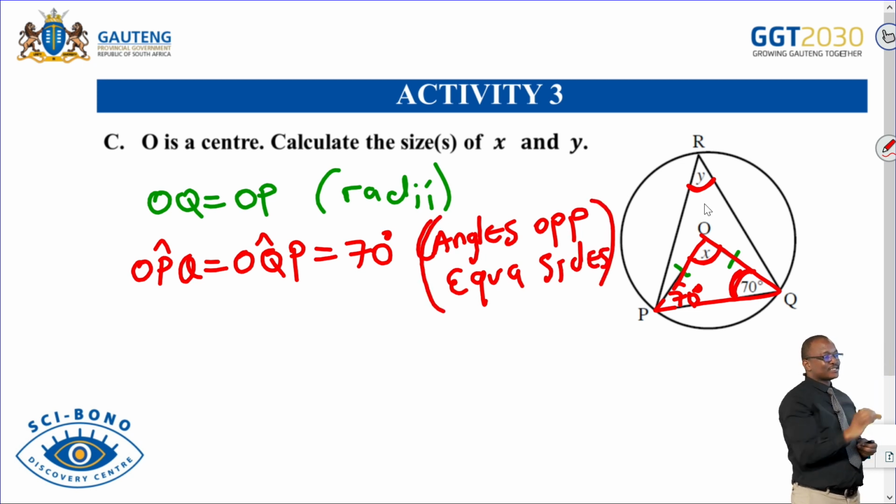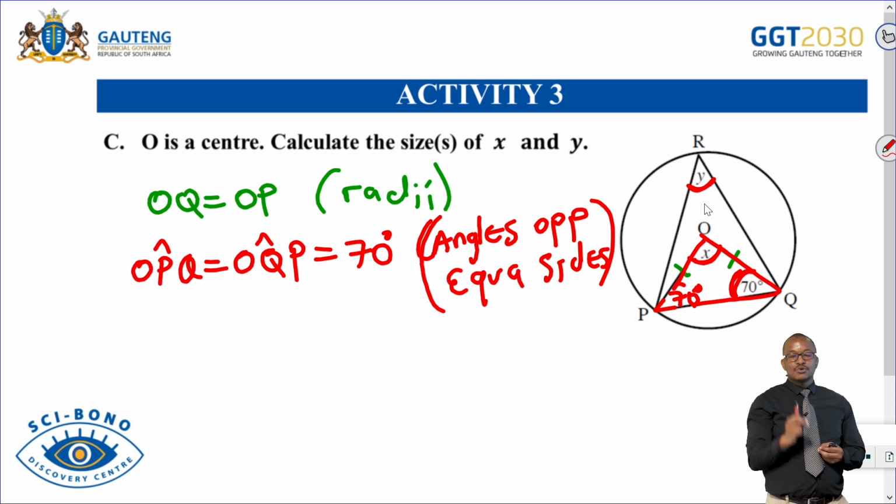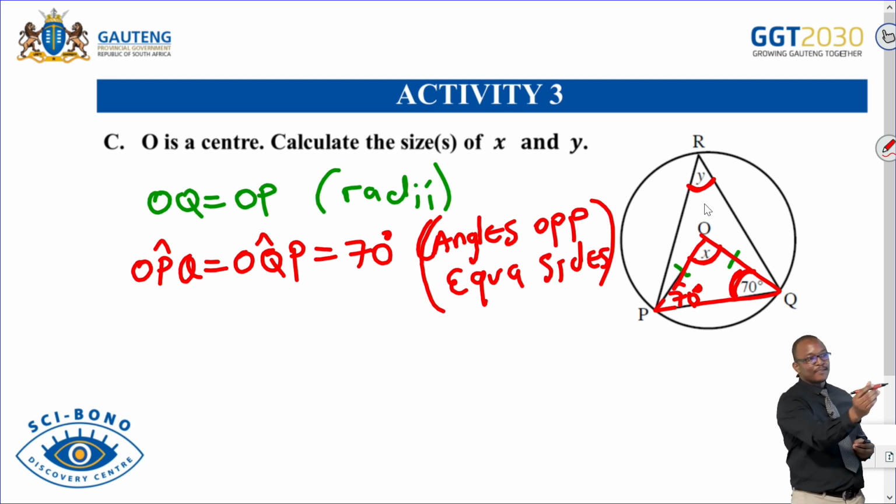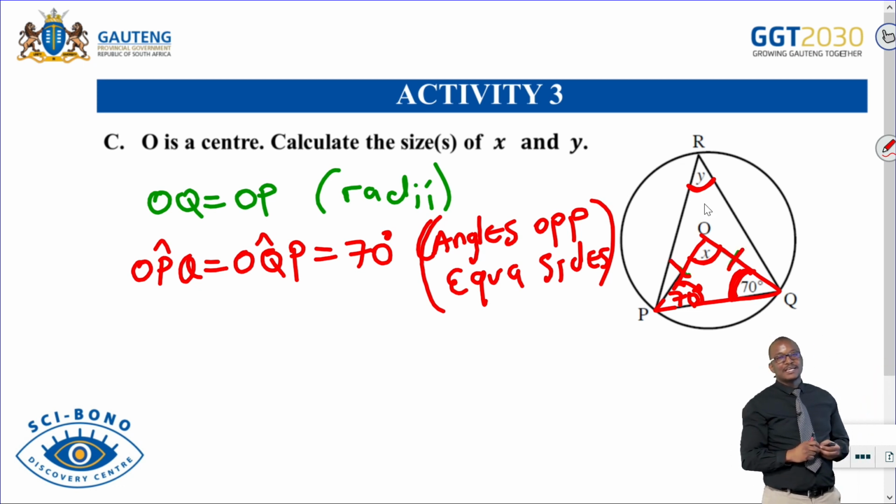That is the proper reason to give there. Remember, the angle here and the angle here, they are both 70. Why are we saying they are both 70? Because they are opposite equal sides.